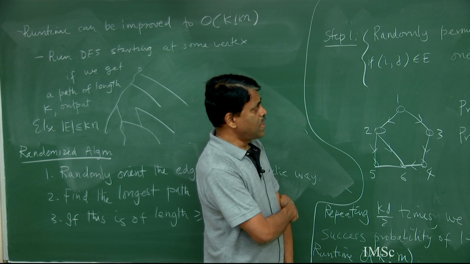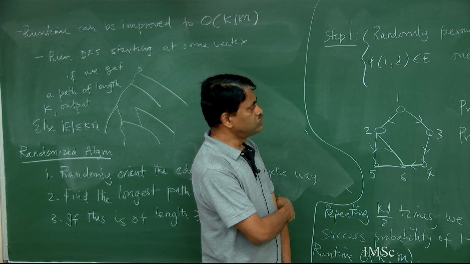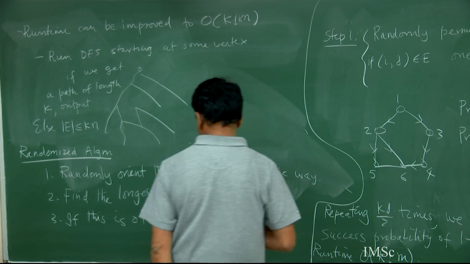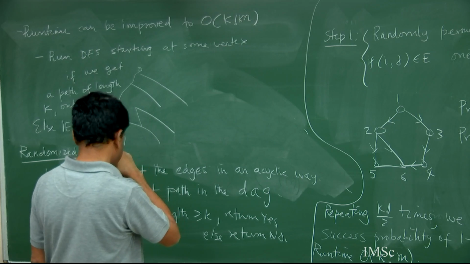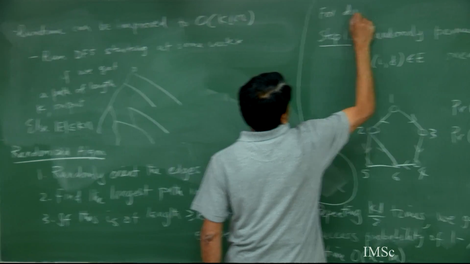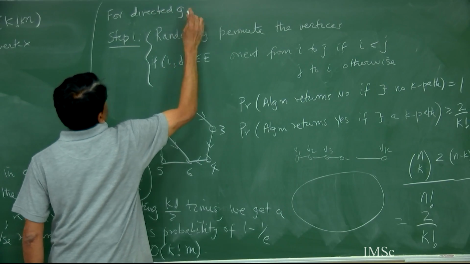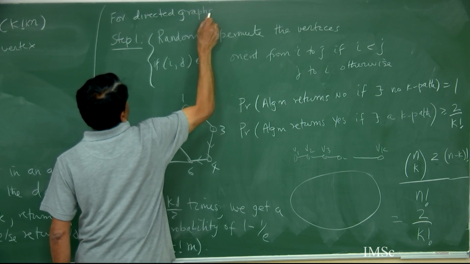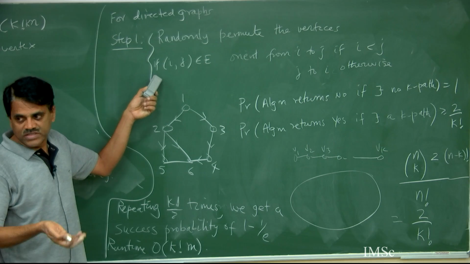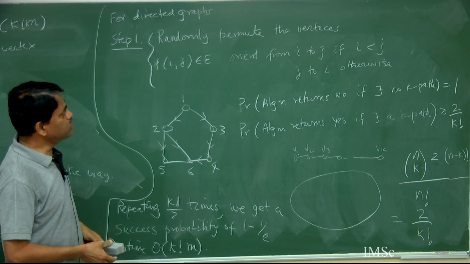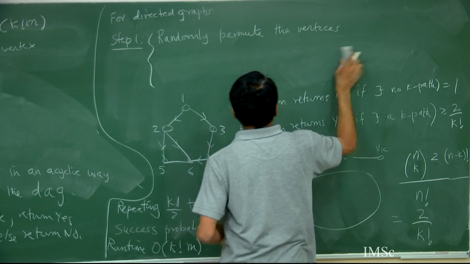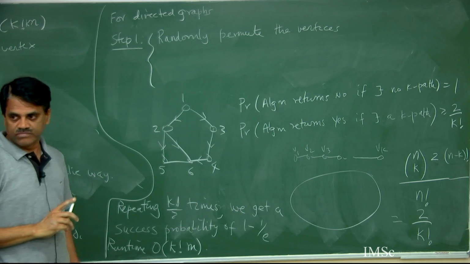For directed graphs we will do exactly the same thing. I randomly permute the vertices. I can't give directions because the edge comes with its direction. So, what I will do is, if an edge is not going from a smaller vertex to a larger vertex, I delete it.